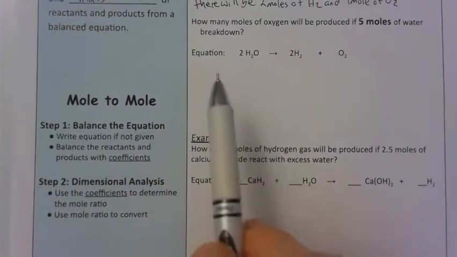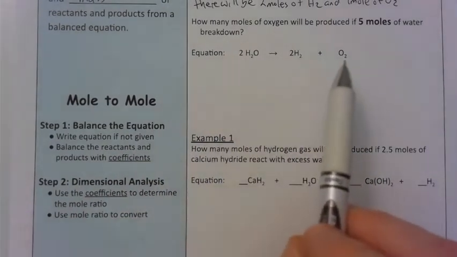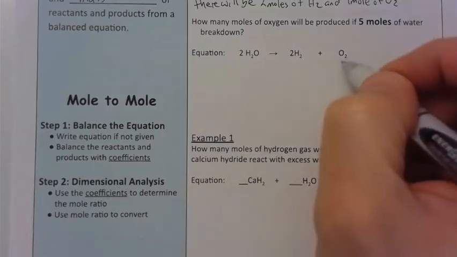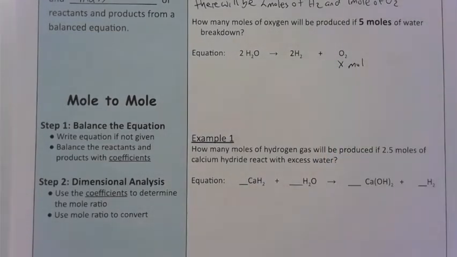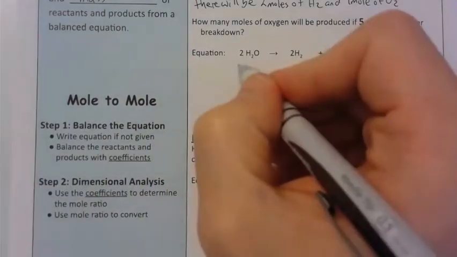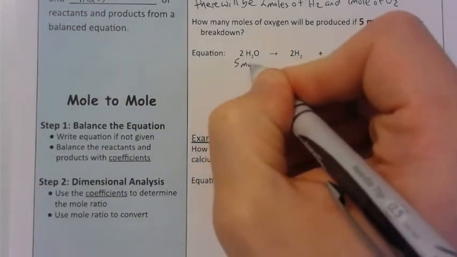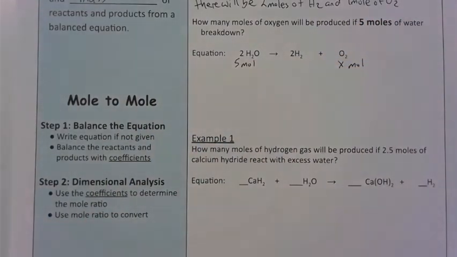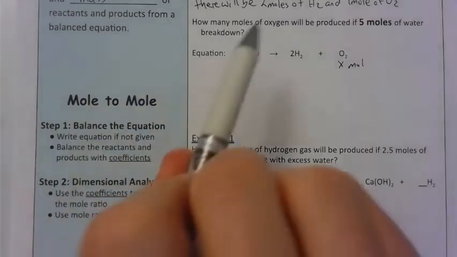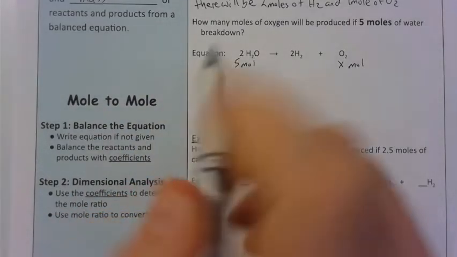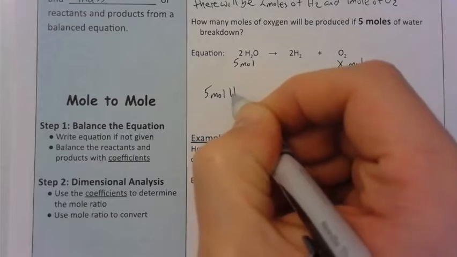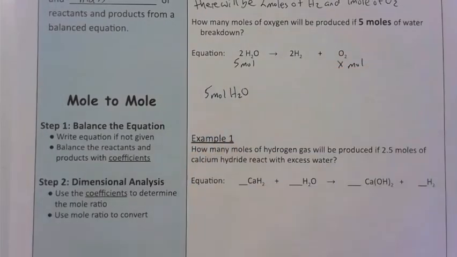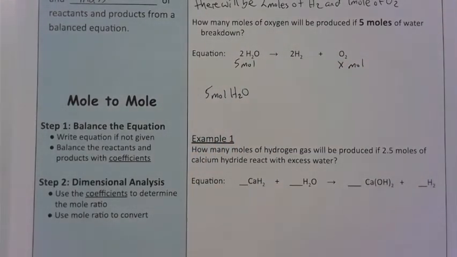Up top it says how many moles of oxygen. We're trying to find out X mol of O2 if 5 moles of water break down, or if 5 moles of water react. So we've only got one starting point. We're going to write 5 mole, and this is where putting the label of the chemical in question is really important.